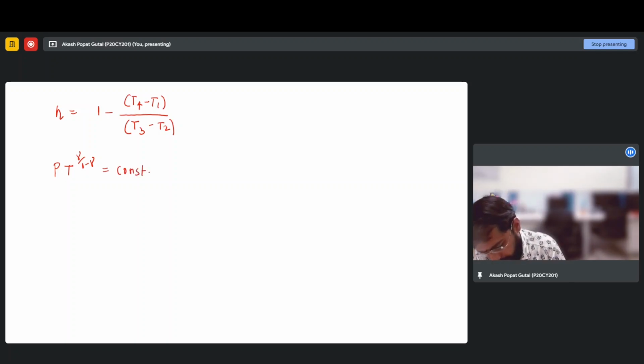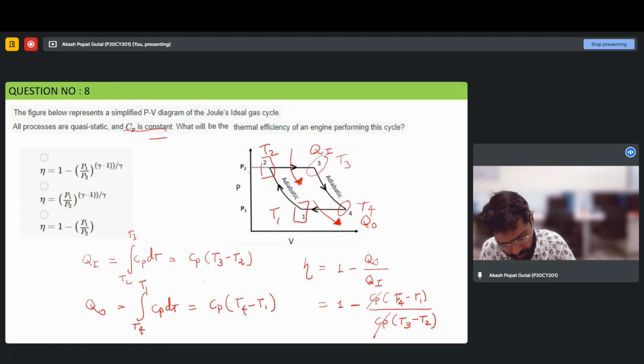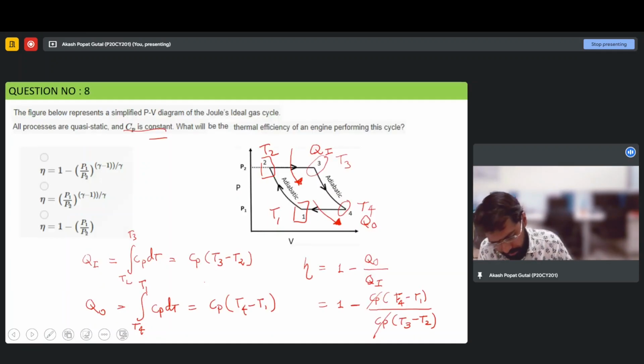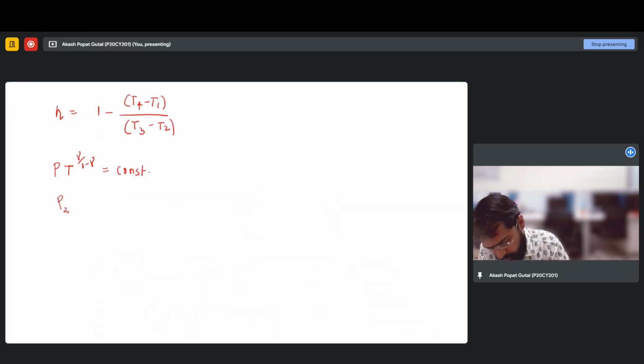So in the first case, it's calculated between P2, P1, T2, T1. So P2 T2 raised to gamma upon 1 minus gamma is equal to P1 T1 raised to gamma upon 1 minus gamma.